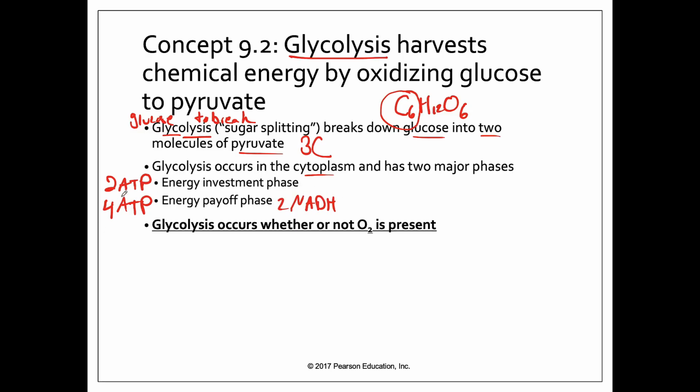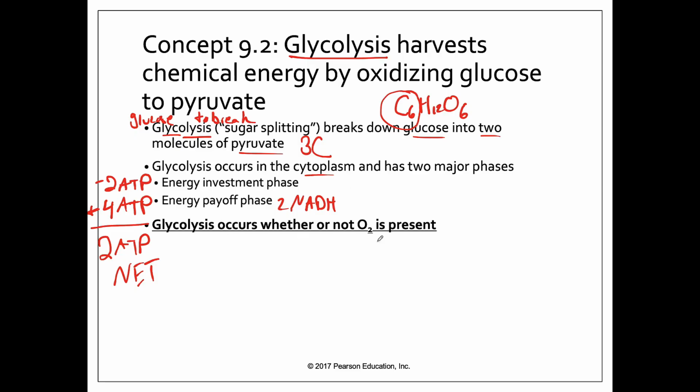Even though it produces a total of 4 ATP, we talk about a net production of a total of 2 ATP because it costs 2 in the beginning, and then we make 4, so we make a total profit of 2 ATP and 2 NADHs.